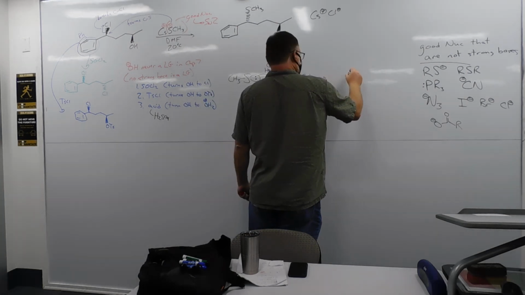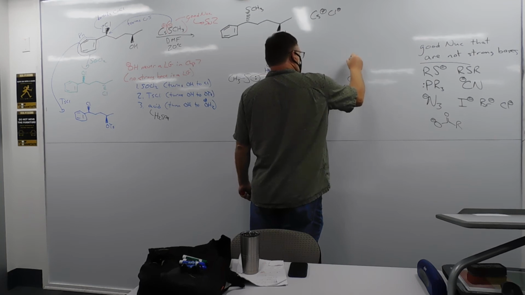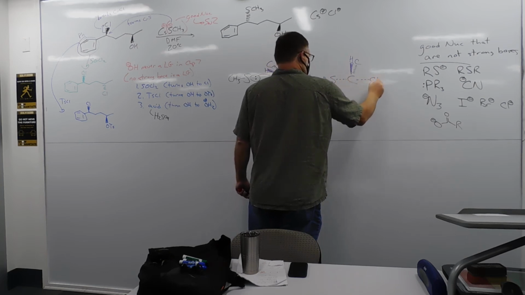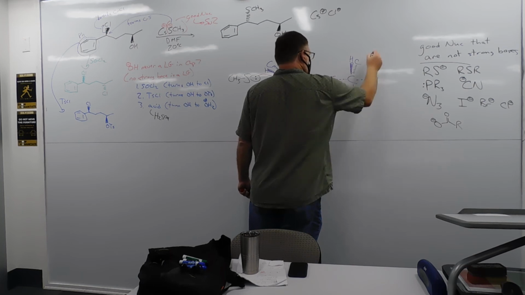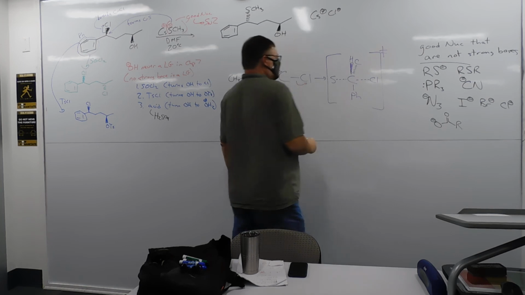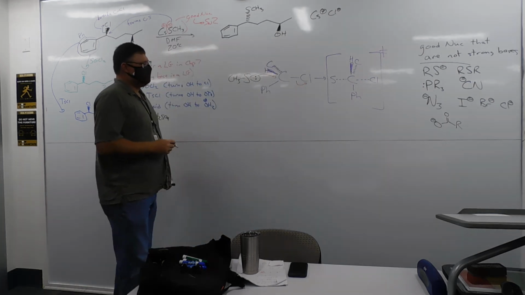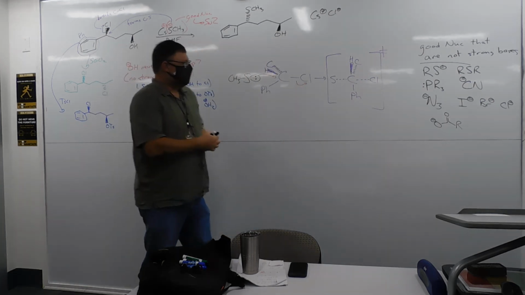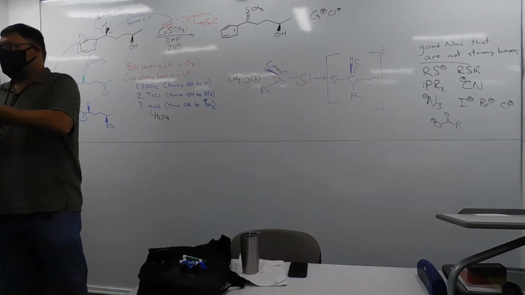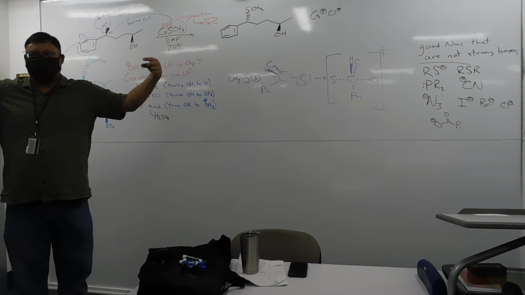So in the transition state, I'm just showing the atoms, right? So in that transition state, it's 5 coordinate. And a 5 coordinate atom, if you go back and look at VSEPR, is going to have 3 in the plane and then 2 poking out, linear.